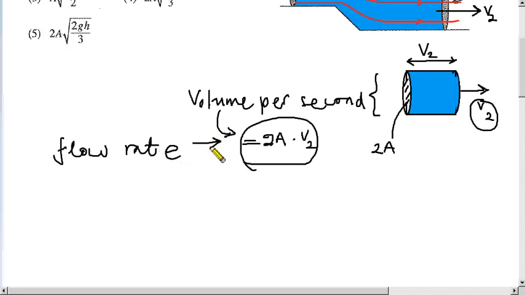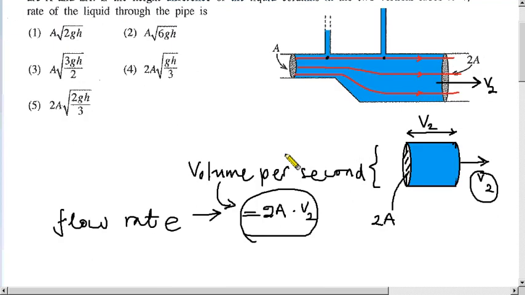So we have to find v2 to calculate the flow rate. If we find v2, no problem, by multiplying by 2A we can get the final answer. That is the path we are going to follow. So now our goal is to find v2.